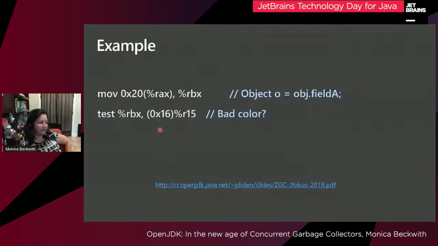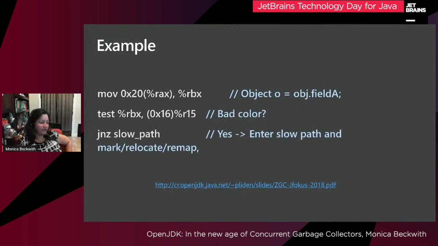Here's how the assembly looks. I'm sorry to get into the details, but it's much clearer when I show the assembly code. You have the object, like I mentioned, and is it a bad color? Yes, then you have to go the slow path. Otherwise, you're done, and you go back your merry way. It's as easy as just a test, basically.